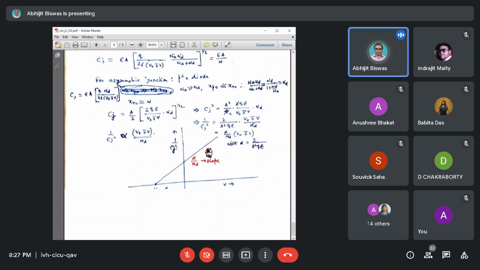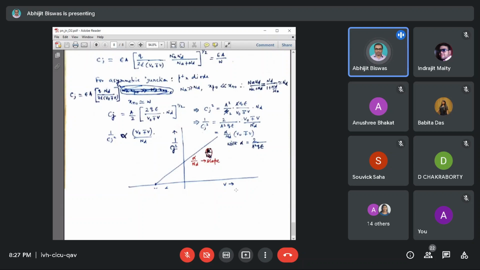Here is the linear relation, plotted as 1 upon Cj square versus V. If we plot 1 upon Cj square with respect to the applied potential V, you get a straight line, and you get an intercept as well as its slope.